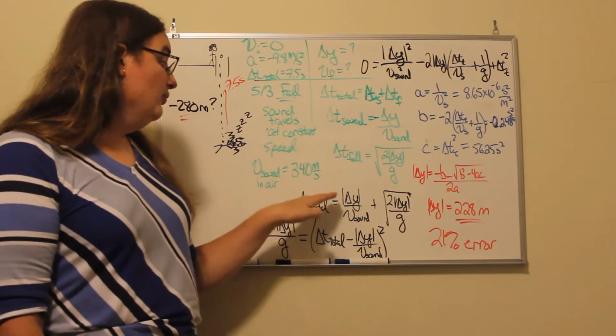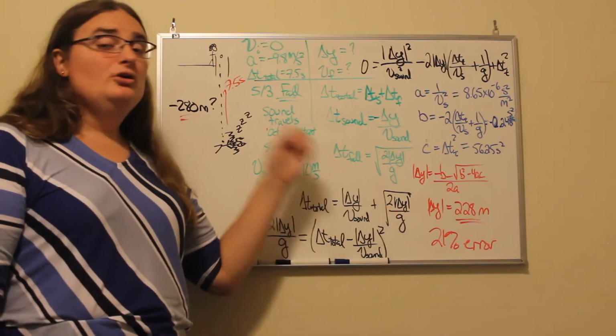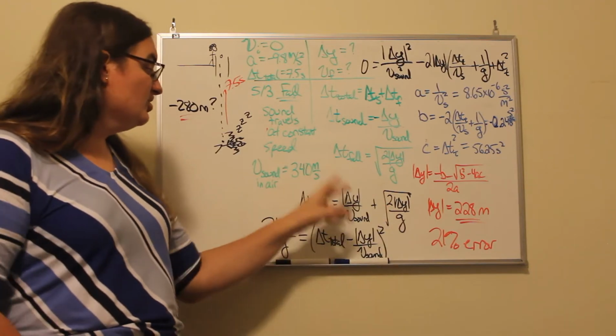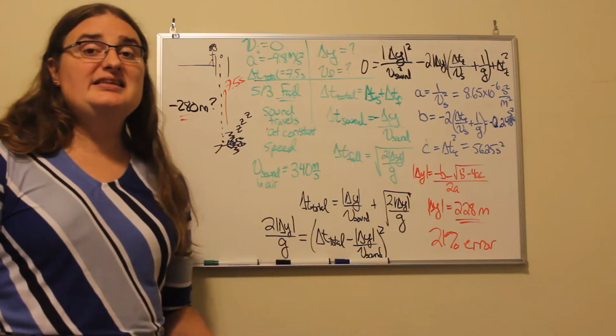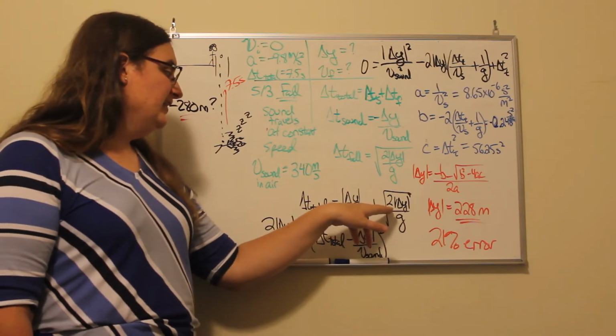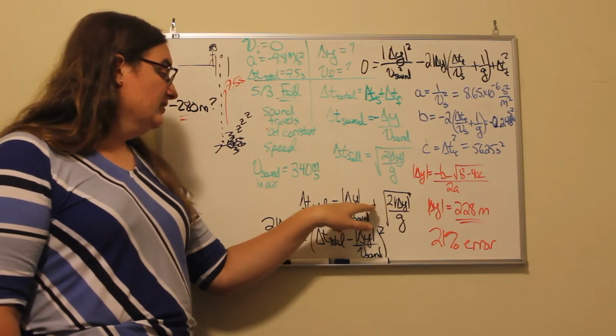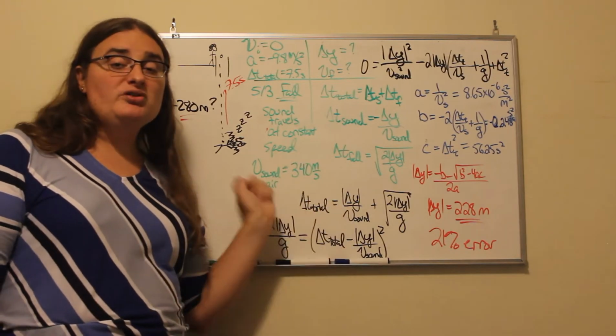Now, this equation looks messy, but we could rearrange it to solve for delta y, and what we end up doing is getting a quadratic equation. So the first thing I'd do is subtract this term for the time of the sound from both sides.